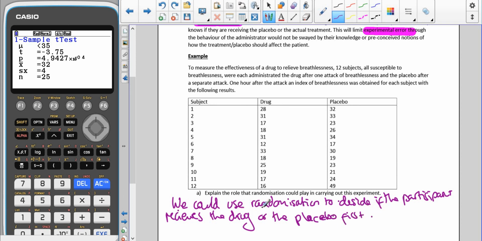And again, this could have an impact because if they knew that they were getting the placebo, they might be like, I still can't breathe. Whereas if they knew they were getting the drug, they might psychologically think that they are breathing easier.